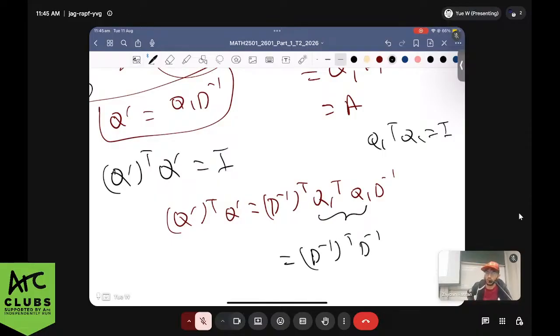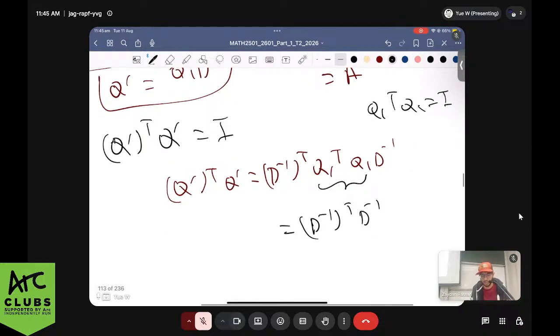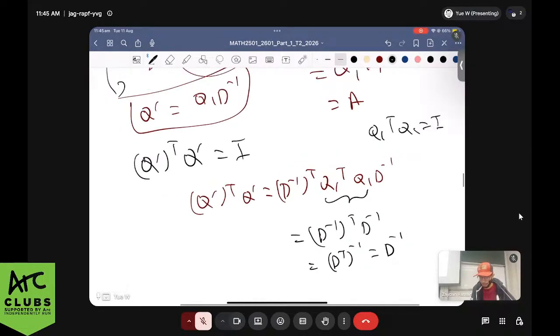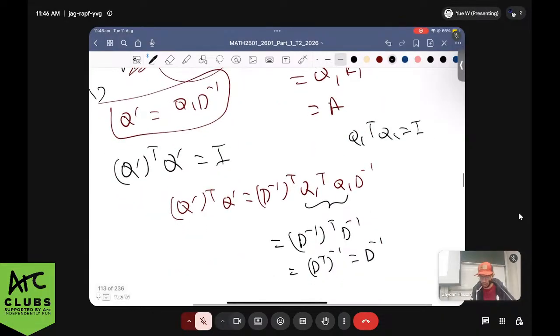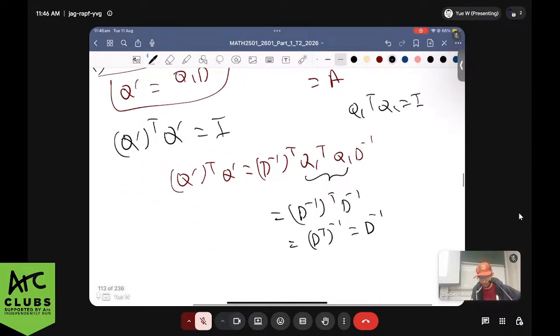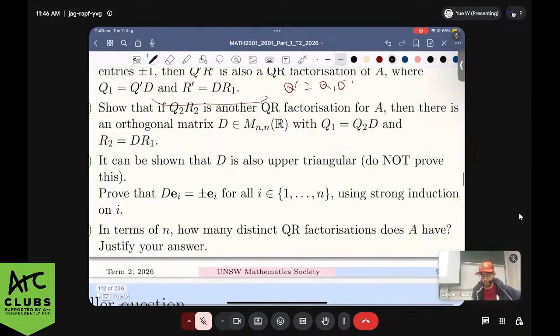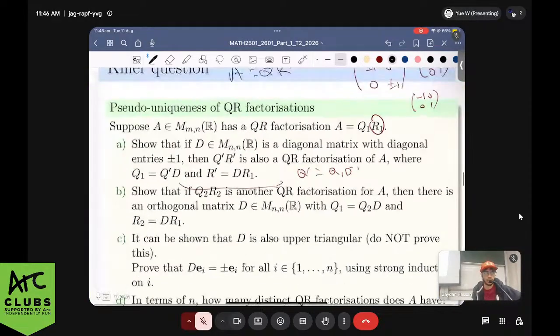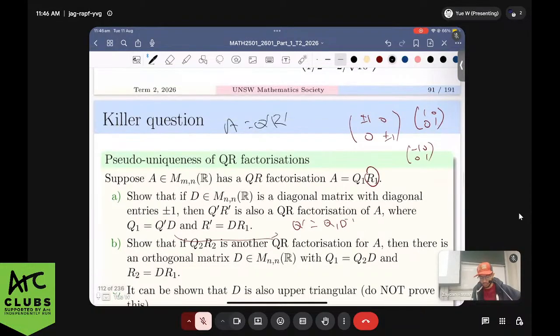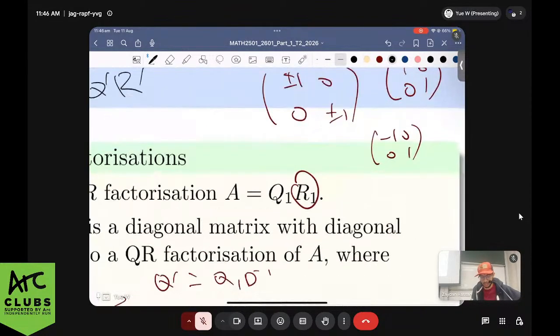And notice that it's a diagonal matrix, so when you transpose it, it's going to be the same, right? So D transpose inverse, you can say. Wait, is this even right? Yeah, I think so. So this is just going to be D inverse, D inverse. Now, what is D? It's 1s and minus 1s on the diagonal, right? So what's the inverse? It's just going to be itself.